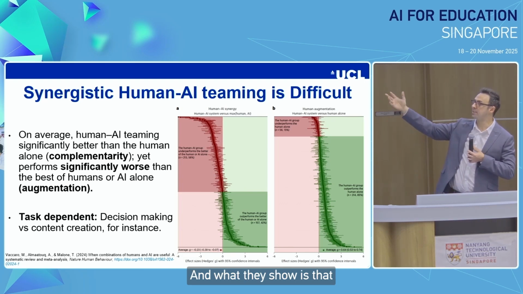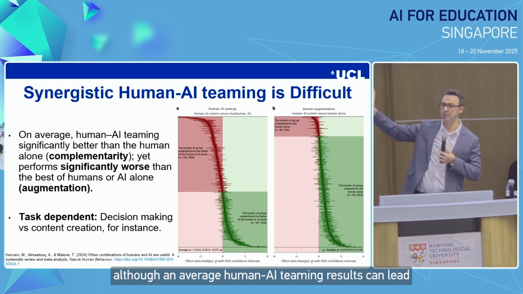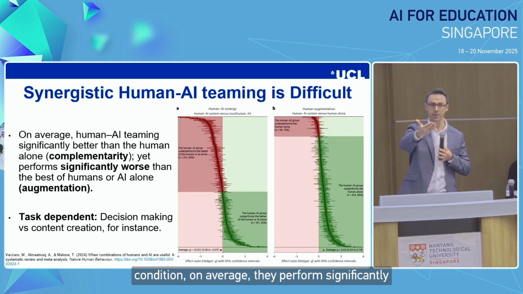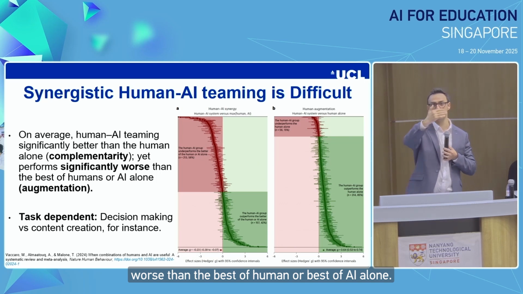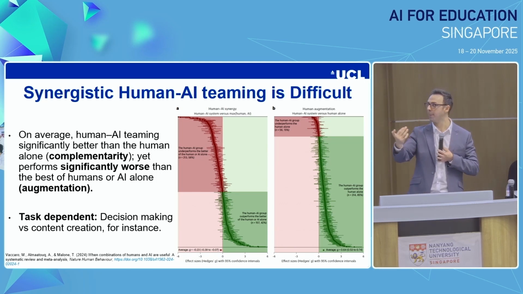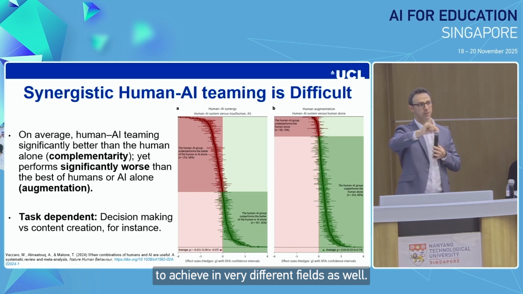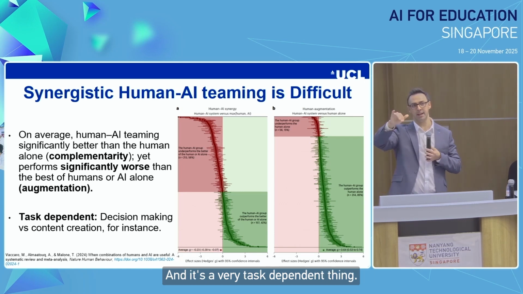And what they show is that although on average human-AI teaming can lead to results significantly better than the human alone condition, on average they perform significantly worse than the best of human or best of AI alone. So this synergy is very difficult to achieve in very different fields as well, and it's a very task-dependent thing.